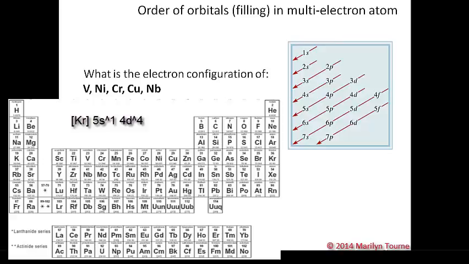Since the s subshell is smaller, there might be less electron repulsion, whereas if you have 4d3, those are all spin up electrons, so maybe that creates a lot bigger repulsion in the d subshell than it would in an s subshell, which is smaller. So there's all kinds of exceptions, but there's only a couple of them, and I wouldn't worry too much about them, but I did want to show you them.